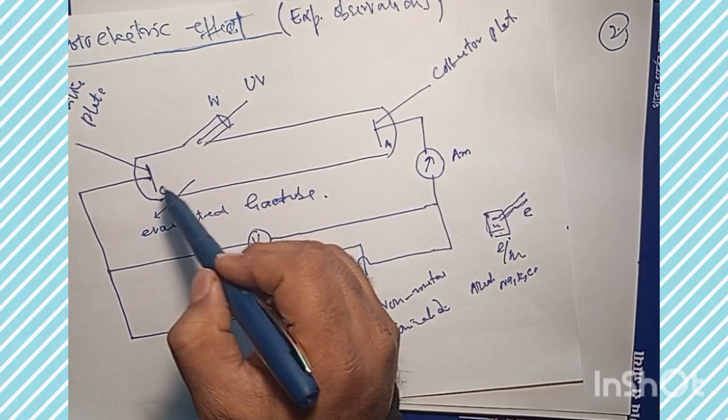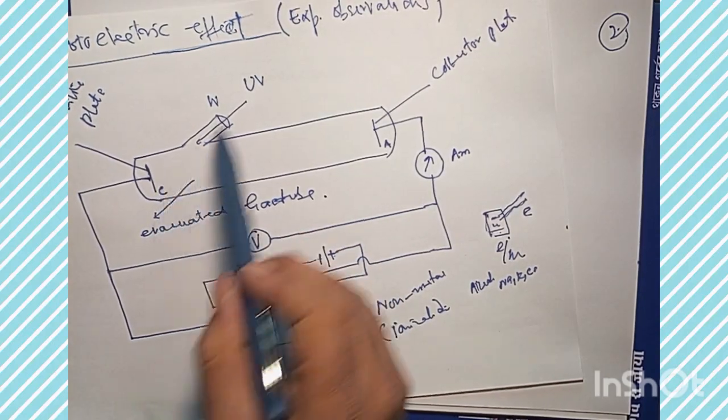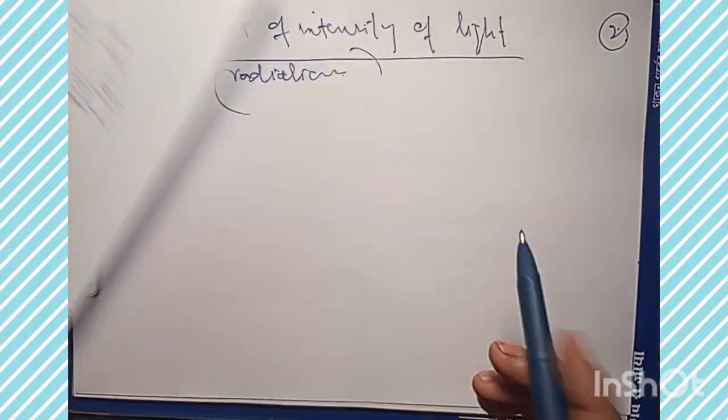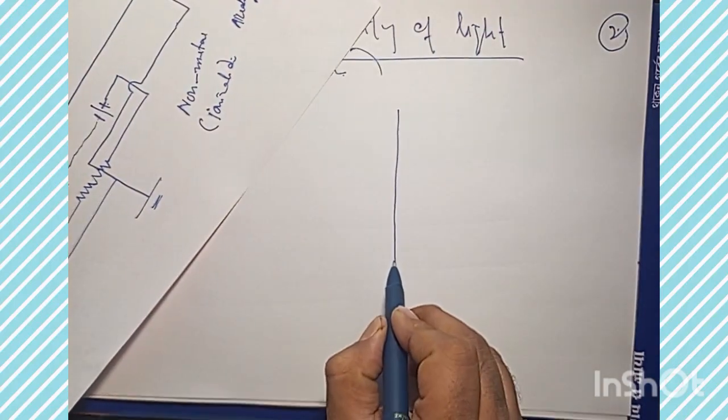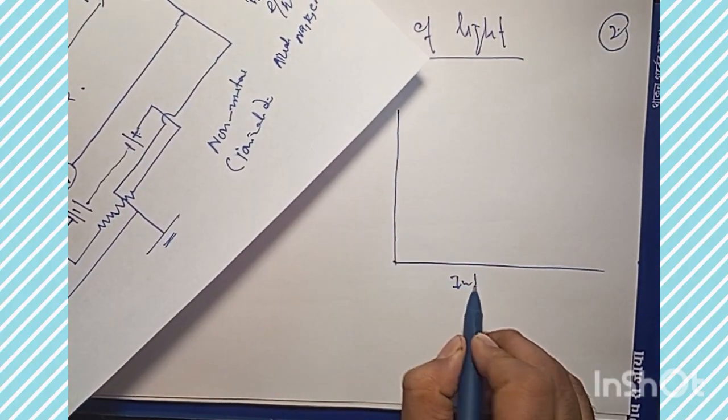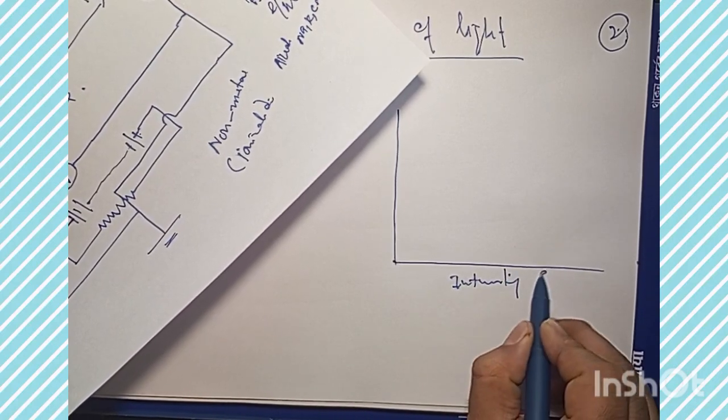So by increasing the intensity of the light, we obtain something like this.